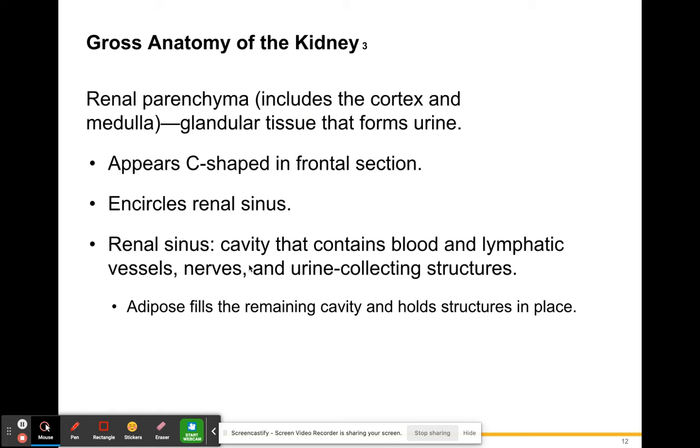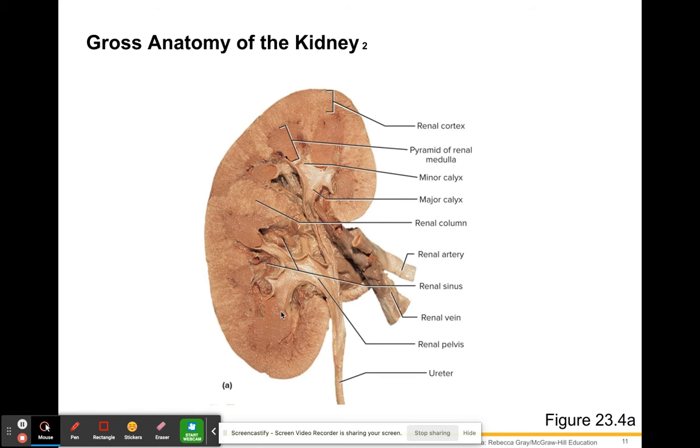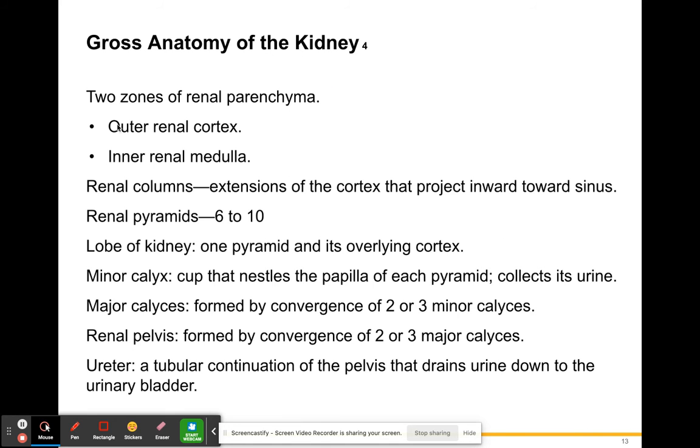The renal sinus is a cavity that contains blood and lymphatic vessels. It's going to contain nerves and places for urine to collect when it's being produced. Adipose, or fat, is going to fill the remaining cavity and hold all of these different structures in place. So we'll have little pockets of fat in here that hold all these little structures in place.